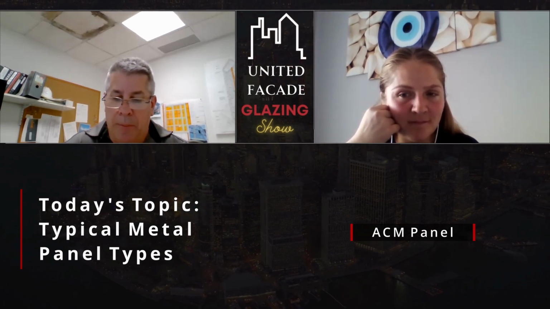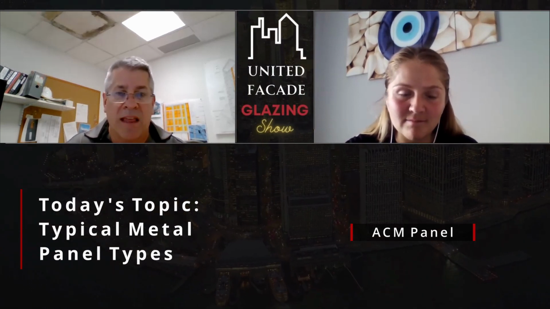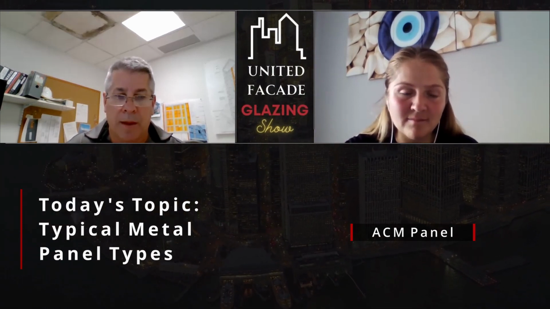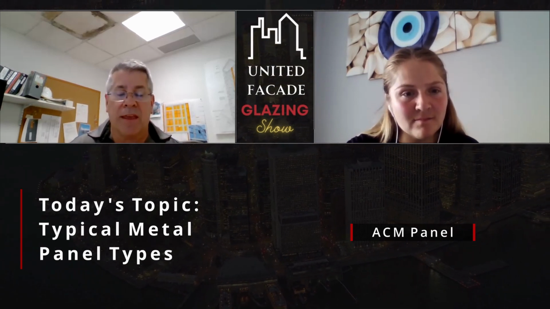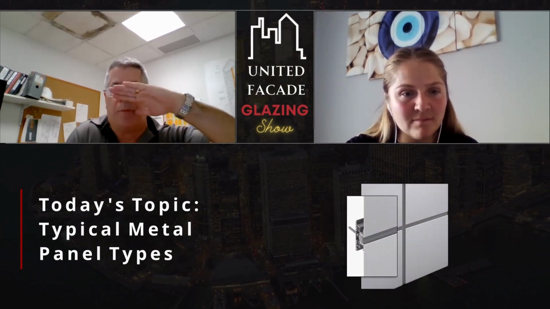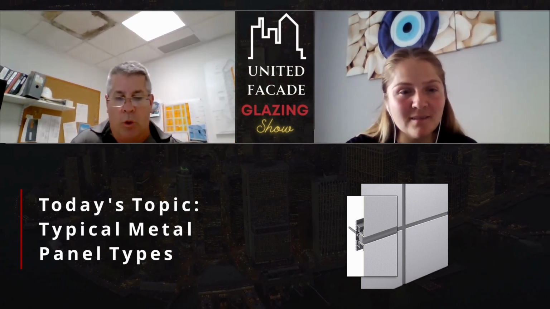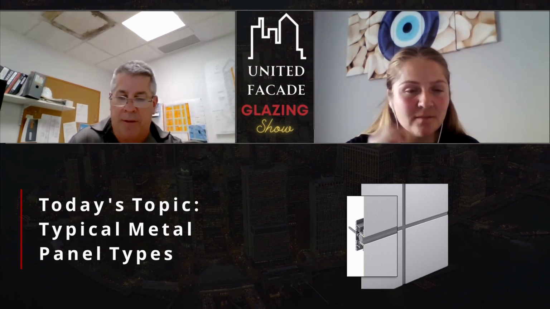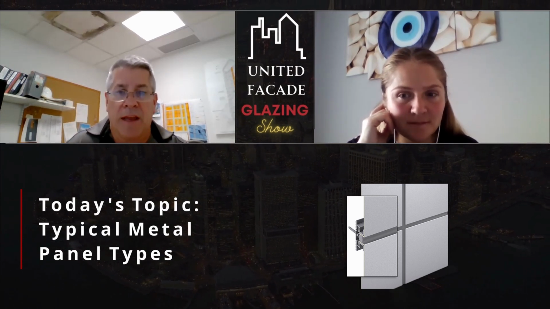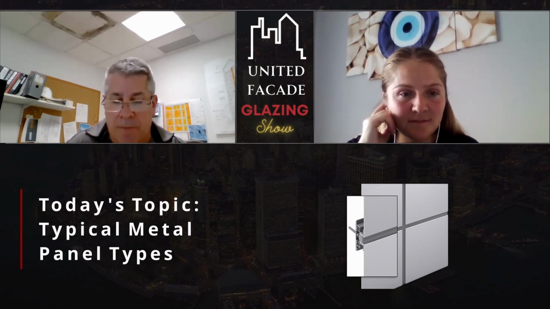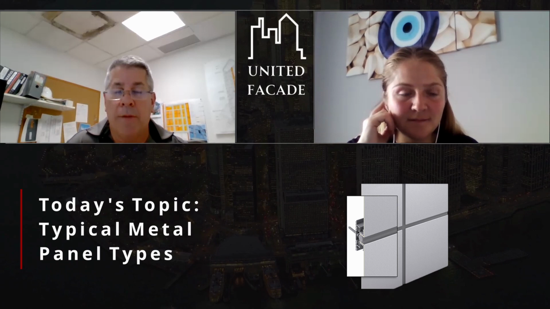The panel is basically going to be a very thin layer of aluminum, then a core, and then another very thin layer of aluminum. So you're basically making a sandwich over a core. And we can change the cores, which we'll speak about in a second. But basically, it's going to be a very simple, easy, and fairly cheap method to make a panel for the exterior facade of the building.